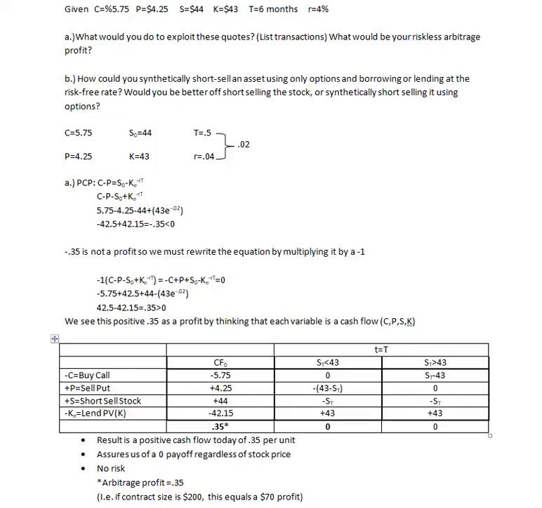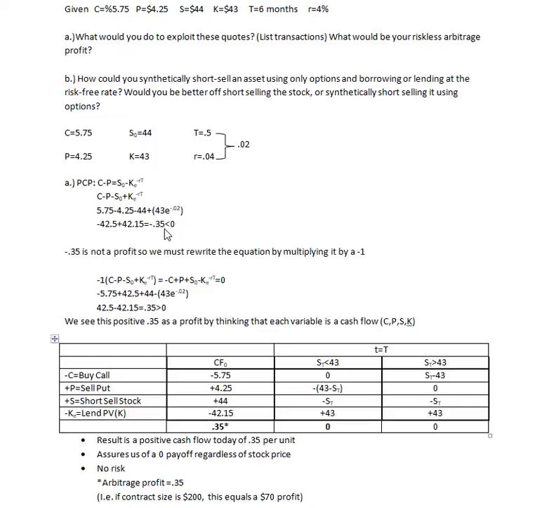So, as we have here, the put-call parity equation. Well, we want to rewrite this equation to equal 0, because if it does not equal 0, there is an opportunity for arbitrage. So we have a negative 42.5 plus 42.15, which equals a negative 0.35.